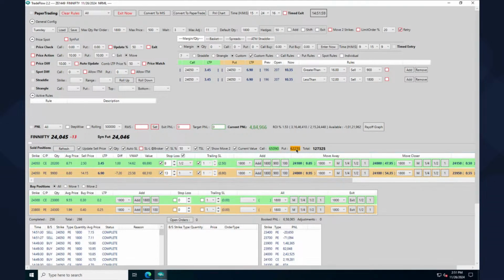So right now 64.59. When it becomes 70, I'll add, but otherwise I will keep it there.